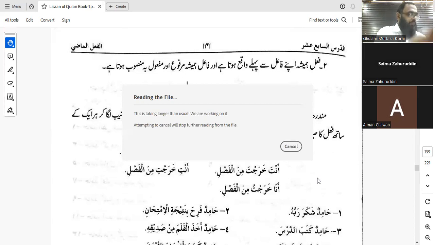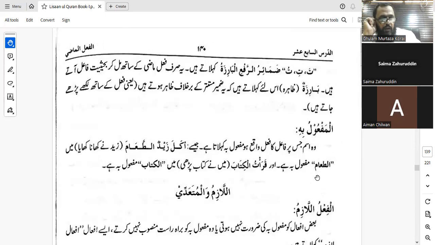So let me go with my book. Now, let's see. The sentence is al-ummalu al-mutqinuna dhahibuna ila al-masna'il jadidi.